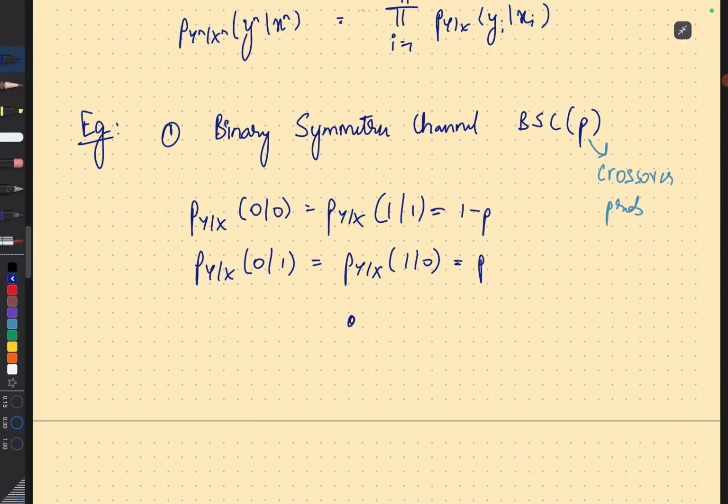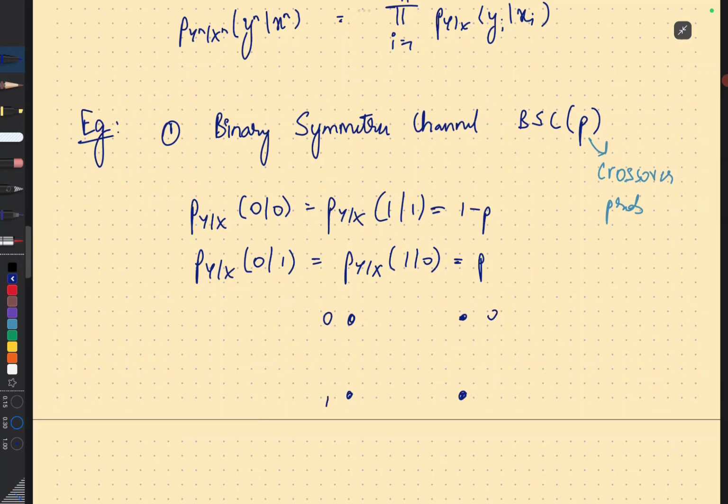Sometimes it's helpful to pictorially represent the channel using this channel transition diagram. The input is either 0 or 1, the output is either 0 or 1.